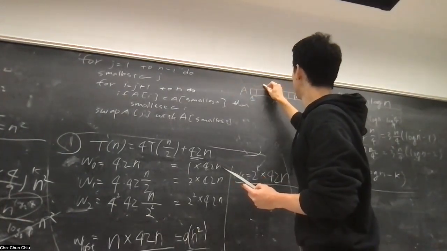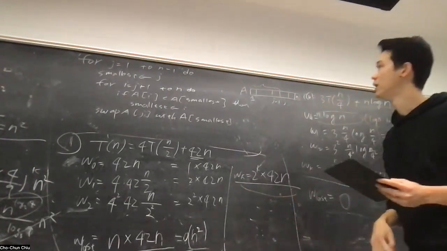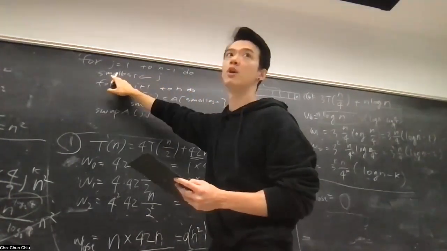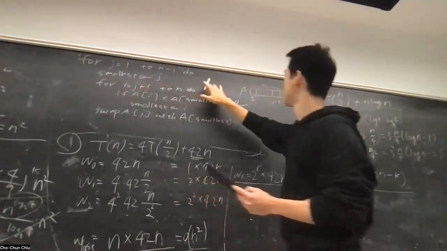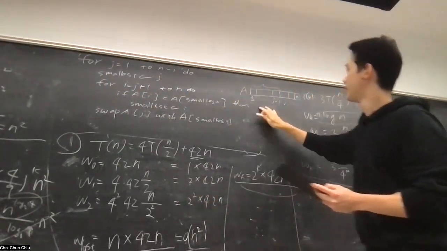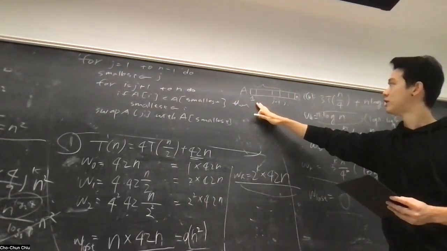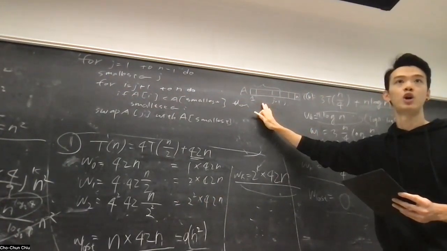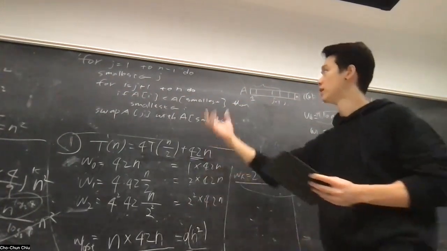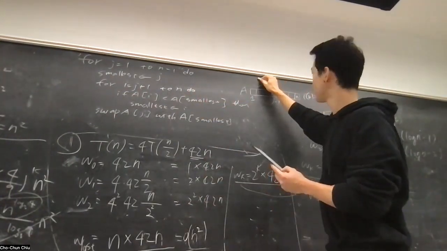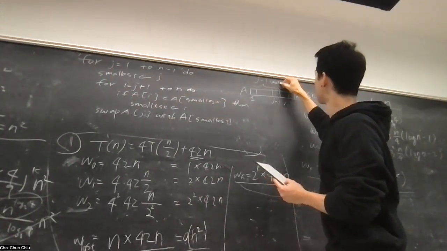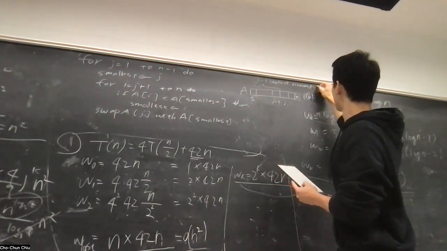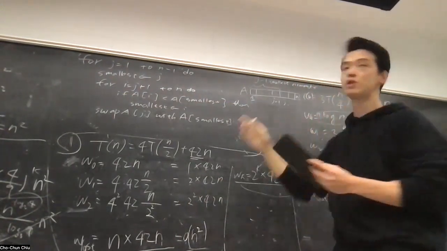The invariant is that when we jump into the first step of this loop operation, we make sure that the first j minus 1 elements in this array are the smallest in the array, and also in sorted order.